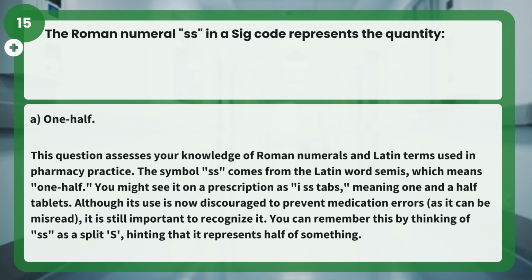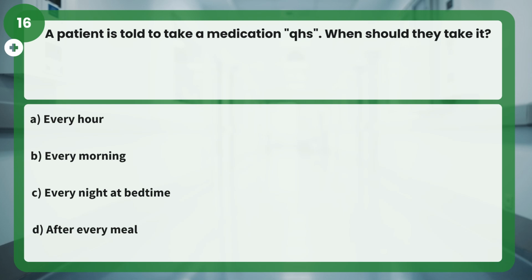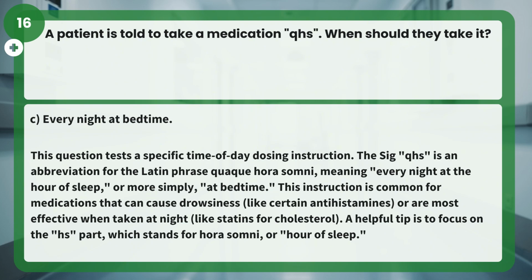Question 16. A patient is told to take a medication QHS. When should they take it? A. Every hour. B. Every morning. C. Every night at bedtime. D. After every meal. Answer: C. Every night at bedtime. This question tests a specific time of day dosing instruction.